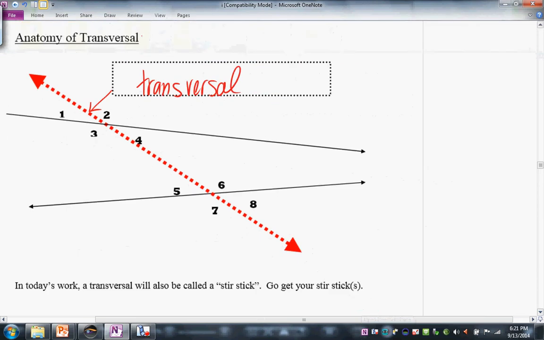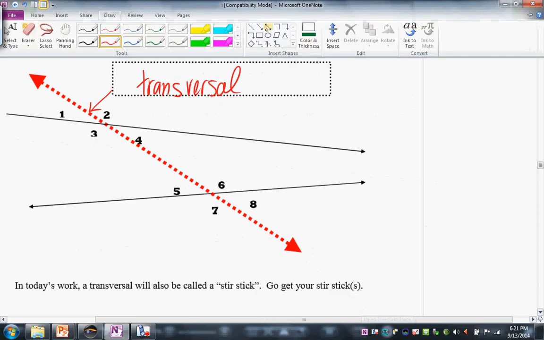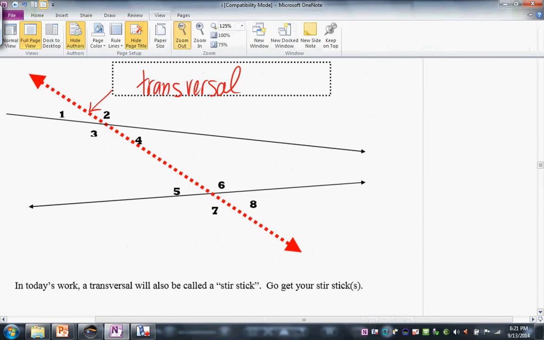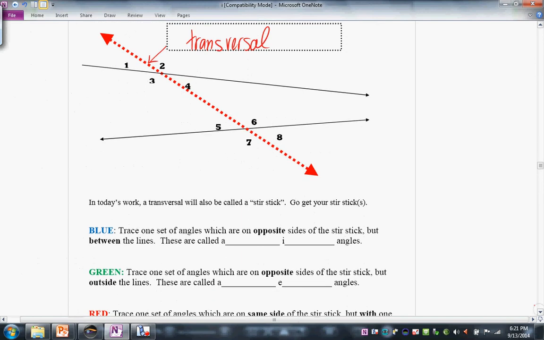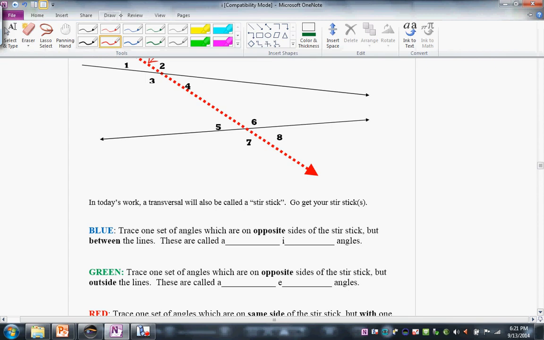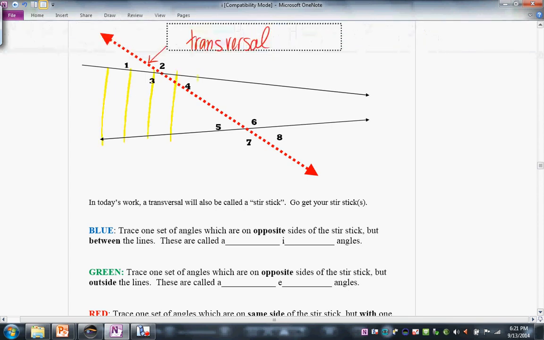Now angles have a certain position around it. When we have a set of angles on opposite sides of the stir stick, but still between the lines, and I mean in between the lines, this is called between the lines. I'm going to do this in blue. That would be an example of angle 4 and 5.